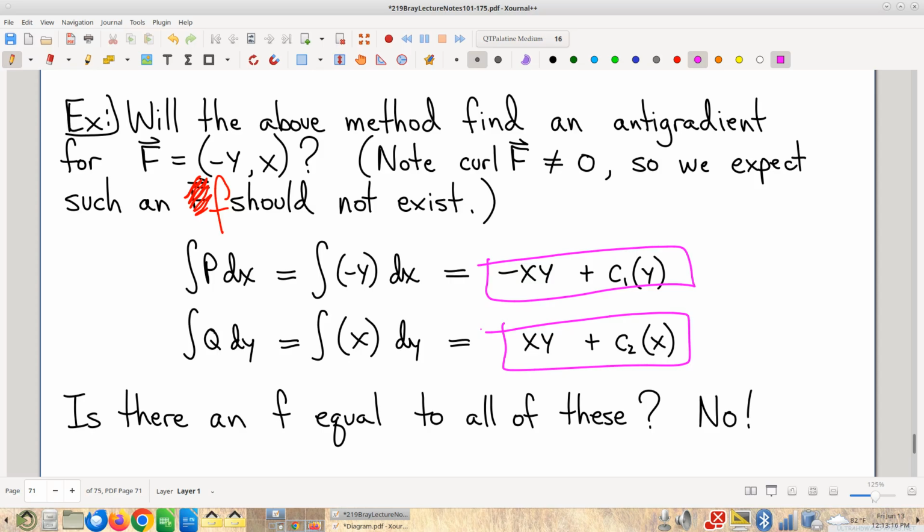I need to think about how I can choose C1, a function of only y, and C2, a function of only x, that makes these equal. And good luck. You lose. Not going to happen. And thankfully, it better not happen. We already knew that there is no anti-gradient. If you could win this game, Escher stairs would be possible. Not good.